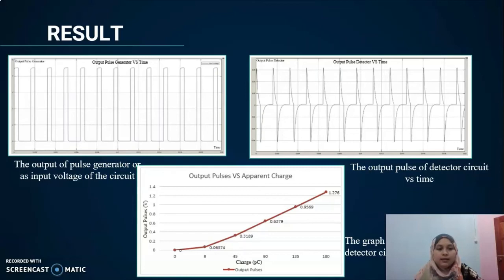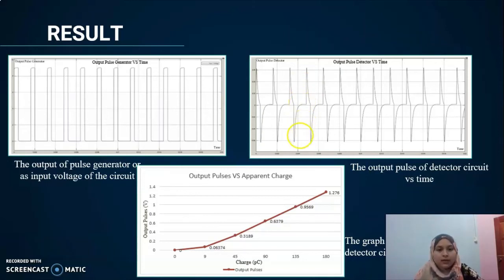This is the result obtained from the calibrated circuit of partial discharge measurement. This is the figure showing the output of the pulse generator, or the input voltage of the circuit, with a value of 9 volts. It is known as the input voltage because there is no applied voltage in the calibrated circuit. And this is the output pulse of the detector circuit, obtained in 0.02 seconds of time.